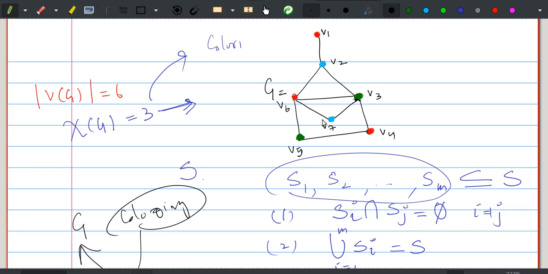Let us look at those vertices of G which get the same color.